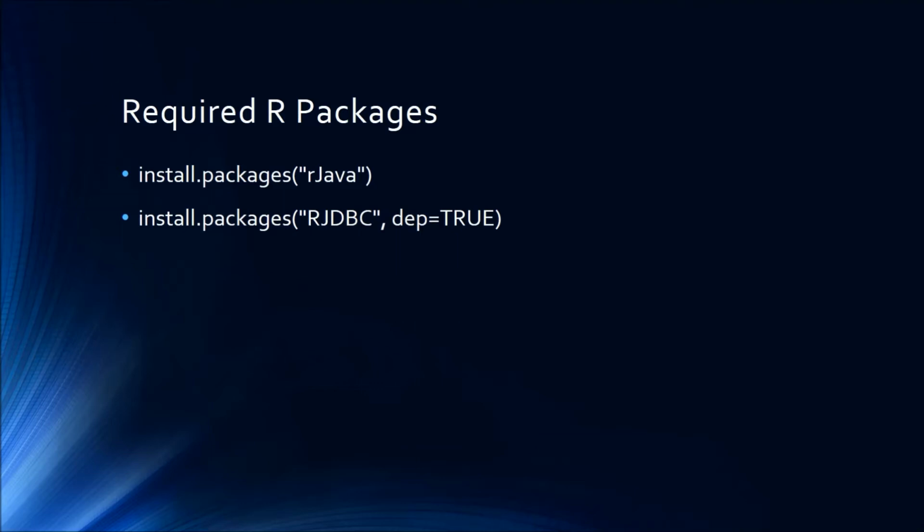It allows you to create objects, call methods, and access fields of Java objects from R. The RJDBC package is an implementation of R's DBI interface using JDBC as a backend. This allows R to connect to any DBMS that has a JDBC driver. In this case, of course, you need to use the Db2 JDBC driver to connect to Db2 Warehouse in the IIAS environment.